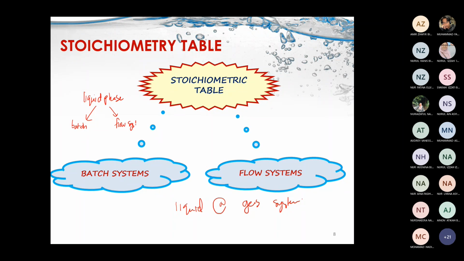Okay, batch and flow system. Usually for batch, and for flow we can use CSTR and also PFR reactor. This batch can also be a CSTR reactor, but it works as a batch mode operation. Okay, so let's say this one we can have a constant volume, and this one we also have a constant flow rate. Okay, so this is flow, this is a batch. Later you will know how to differentiate between both.